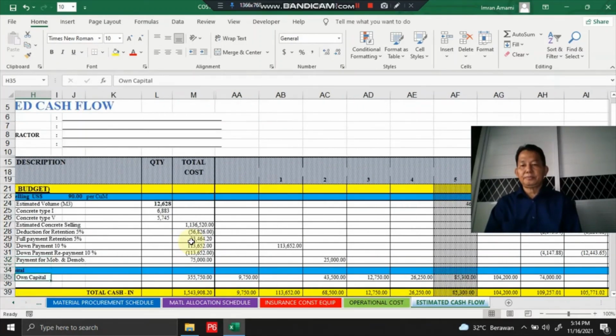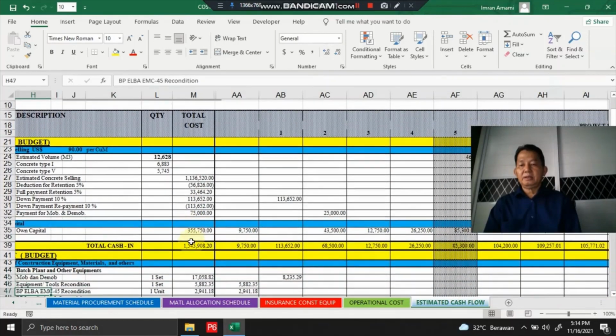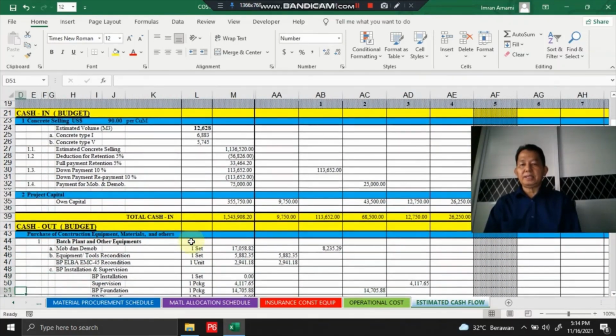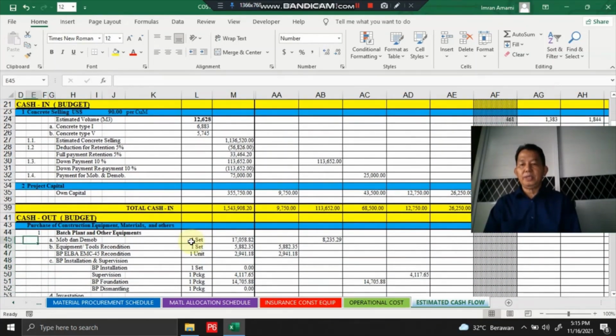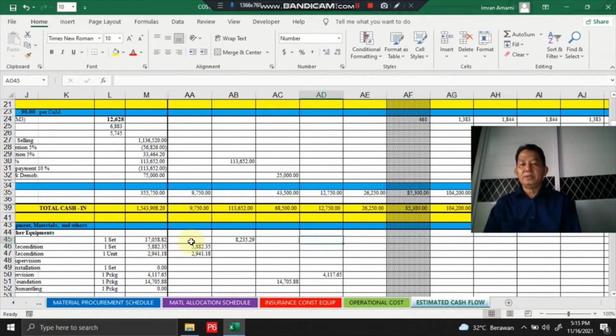And then for the cash out budget, we put the mobilization and demobilization costs 4 months before the first month of concrete supply.